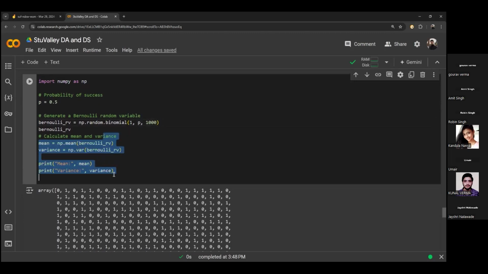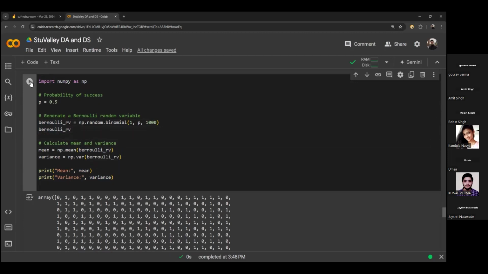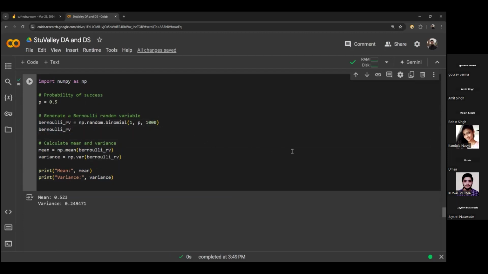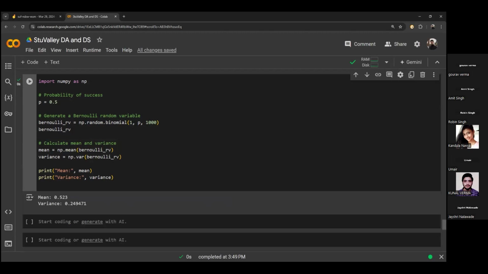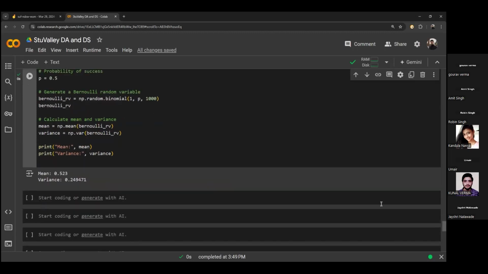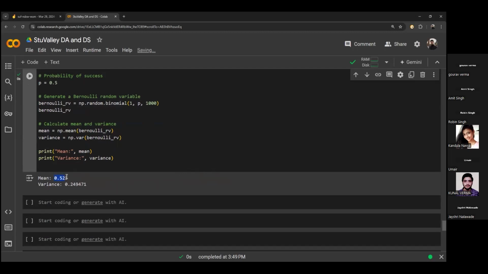Okay, so what will we conclude from here? Find out the mean of this, find out the variance of this, calculate mean and variance. Mean is 0.5, variance is 0.24.